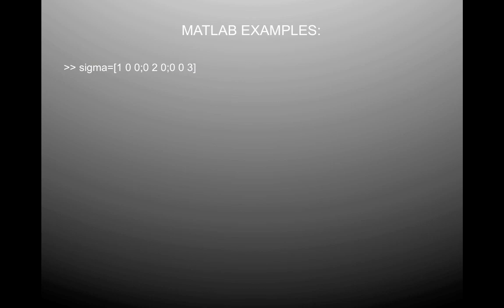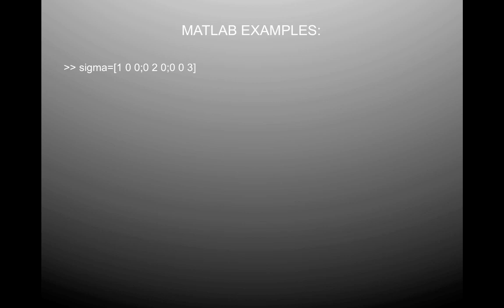And in all these examples, the double caret on the right indicates the prompt from MATLAB. What I type first is what you would type, and so I define a matrix, sigma, by putting square brackets to make everything inside of it either vector or matrix.